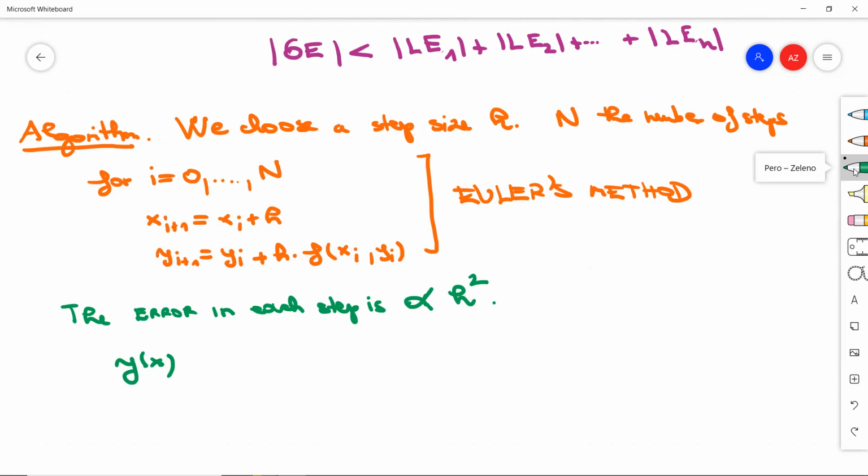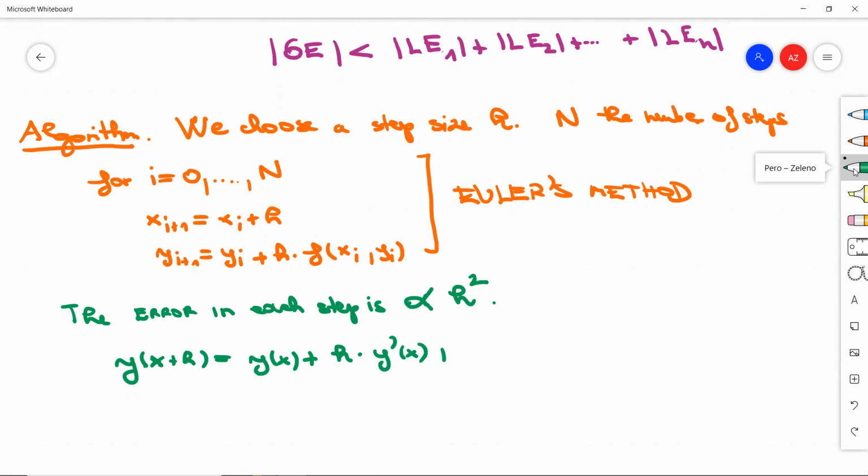So y of x plus h is y of x plus the first term in the Taylor expansion of y, step size over 1 factorial times the first derivative of y.